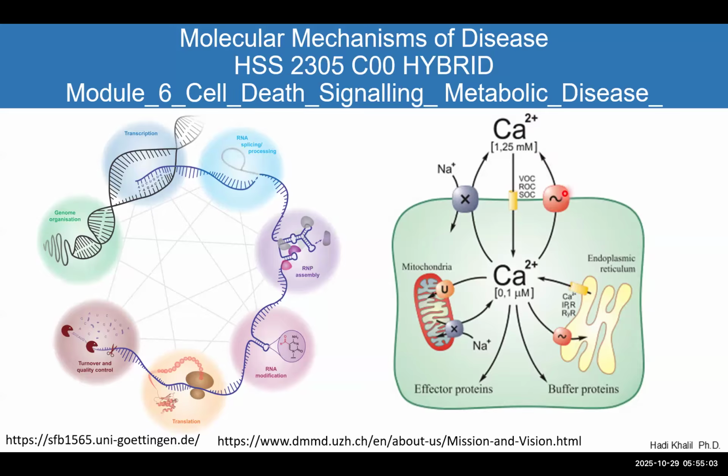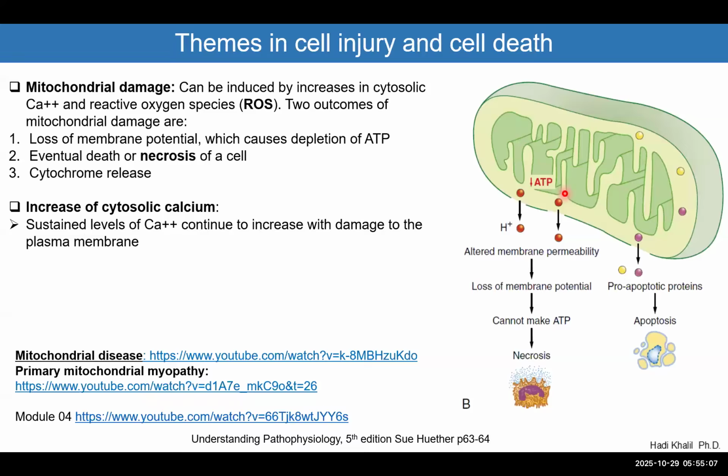So that's a huge number. And therefore, the fluctuation of the cytosolic calcium would definitely be a trigger for cell-mediated injury, adaptation, and therefore most of the time cell death.